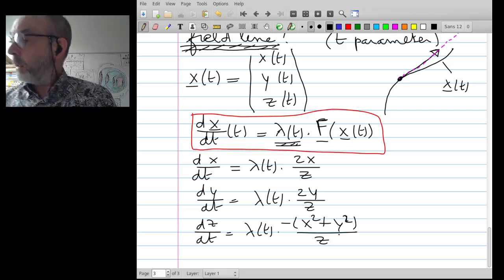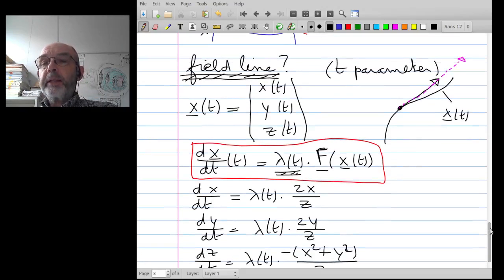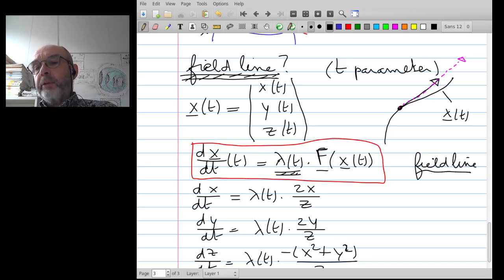And let's see what we can do to get that field line. Keep in mind, maybe we will not directly get a nice parameterization, but often you have the intersection of some surfaces.